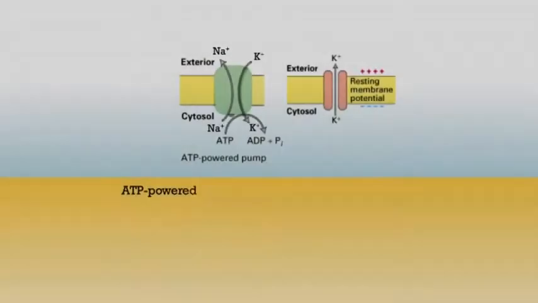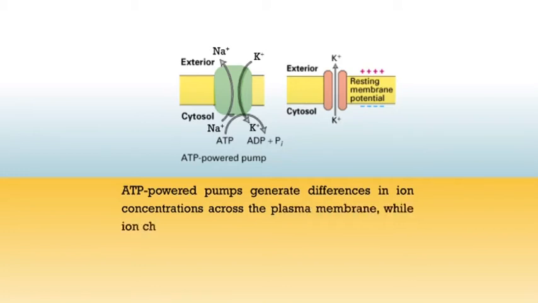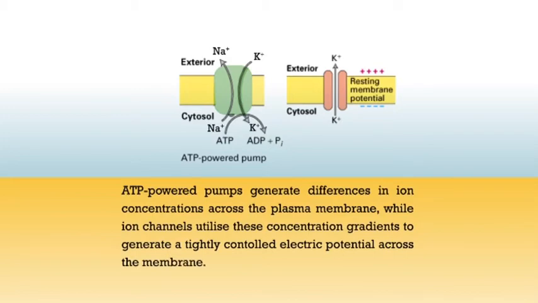Ion concentration gradients generated by pumps and selective movements of ions through channels constitute the principal mechanism by which a difference in voltage or electric potential is generated across the plasma membrane. In other words, ATP-powered pumps generate differences in ion concentrations across the plasma membrane, while ion channels utilize these concentration gradients to generate a tightly controlled electric potential across the membrane.